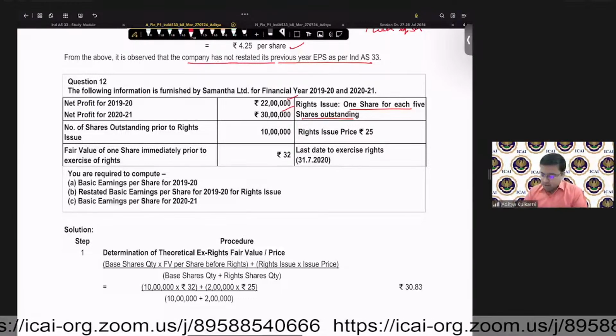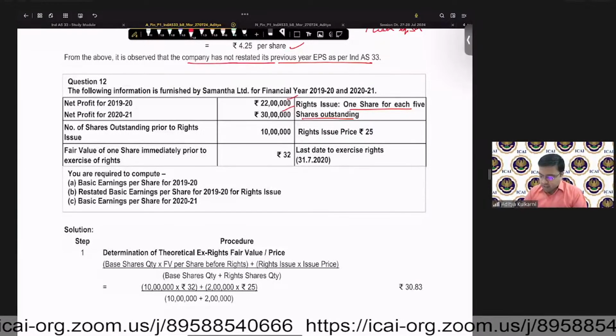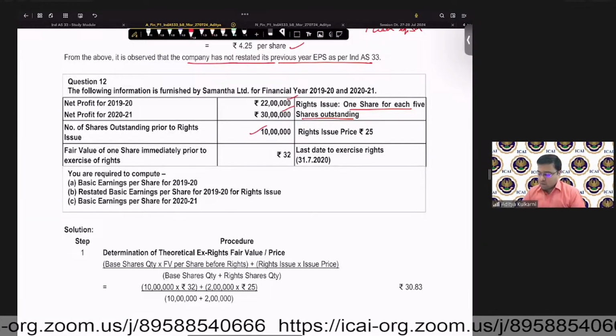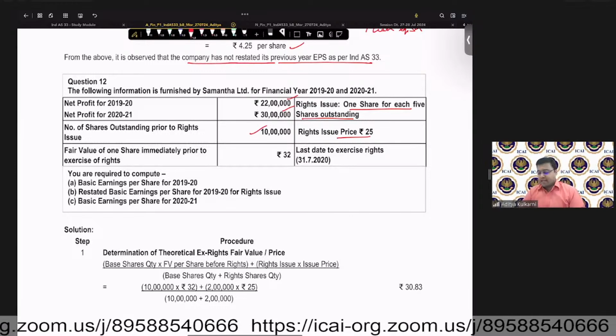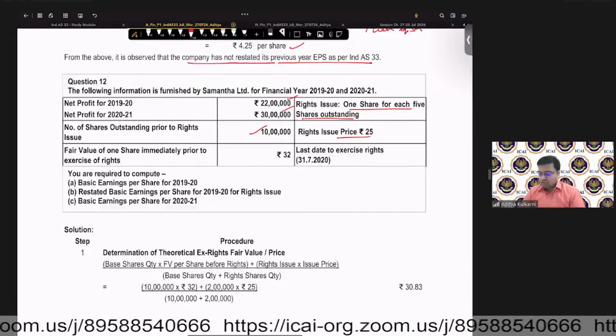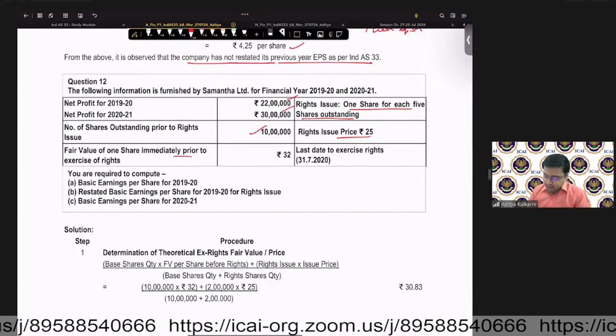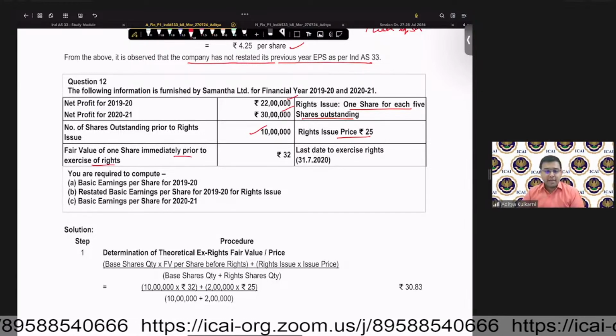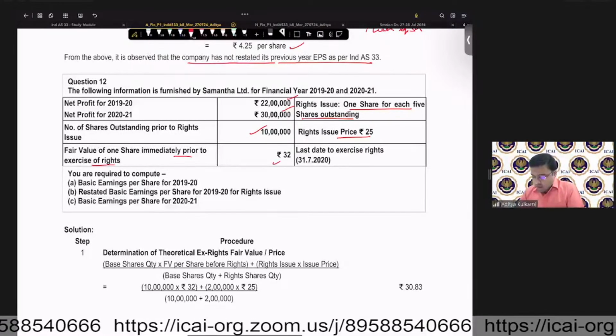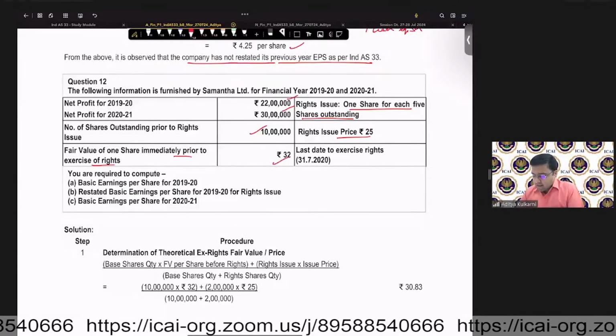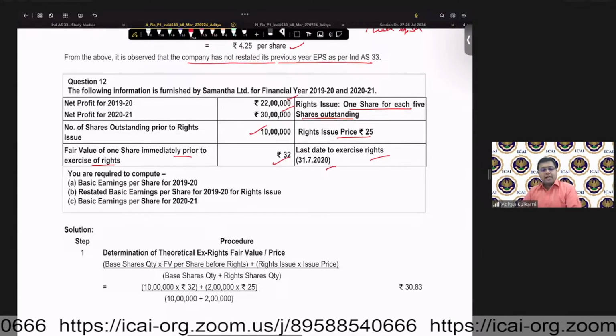Number of shares outstanding prior to rights is 10 lakh shares, with a rights issue price of rupees 25. Fair value of one share immediately prior to exercise of rights is 32. Last date to exercise the rights is 31st July 2020.